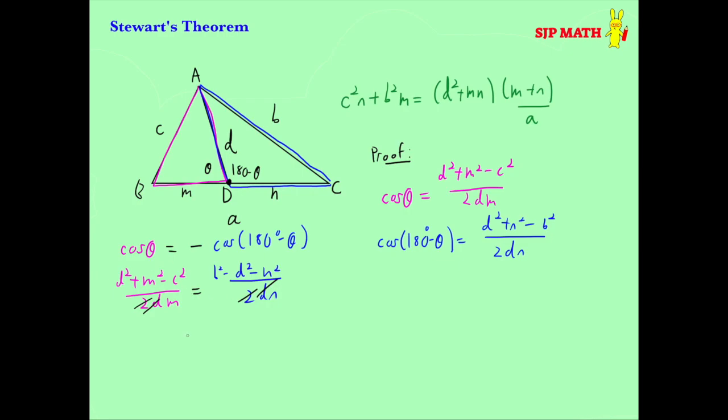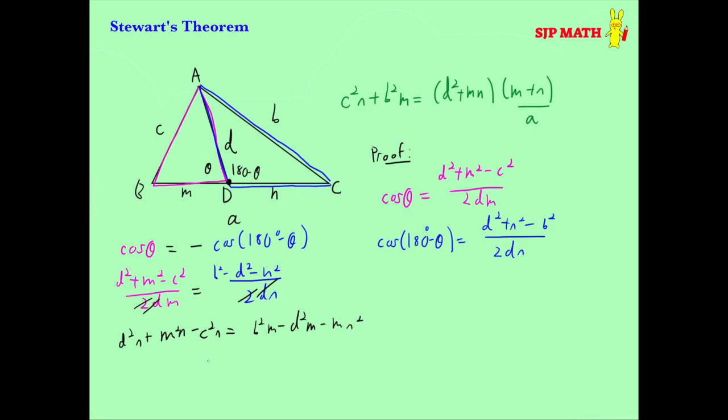Then we cross multiply to get d squared n plus m squared n minus c squared n is equal to b squared m minus d squared m minus mn squared.